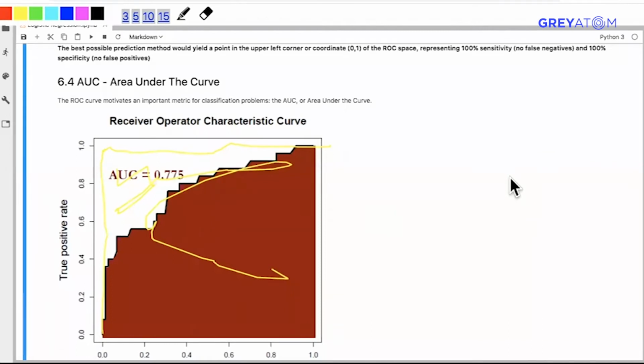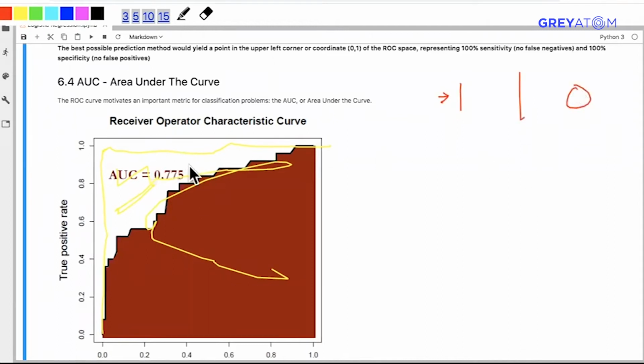So let me give you an intuition about what AUC exactly says. Suppose we have two random examples from our data set. One has label 1 and the other has label 0.